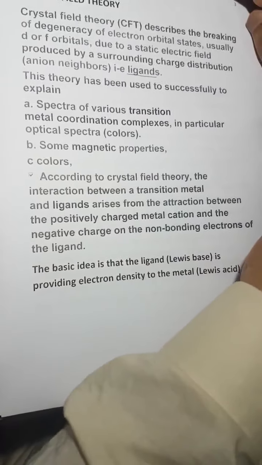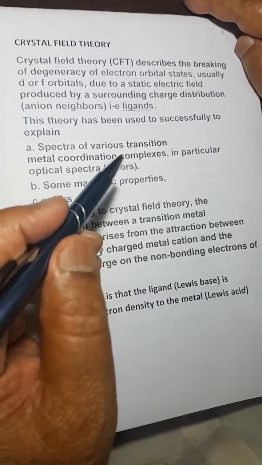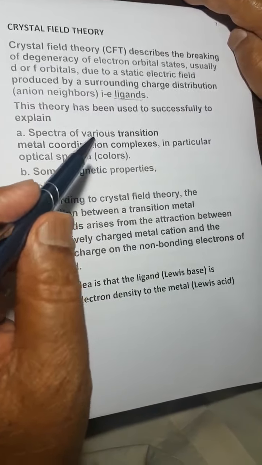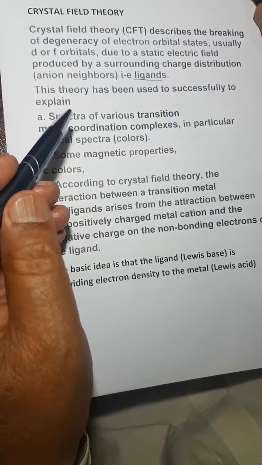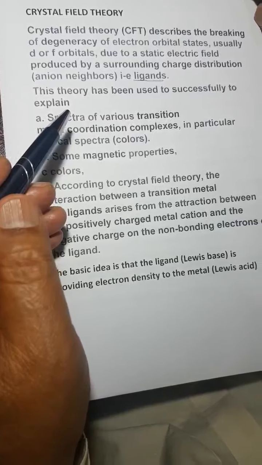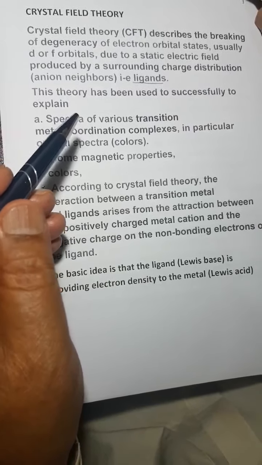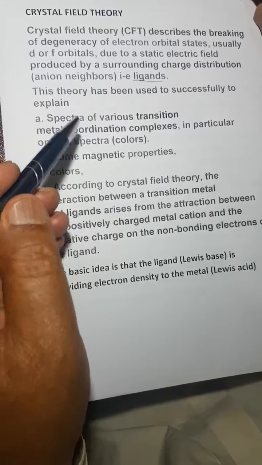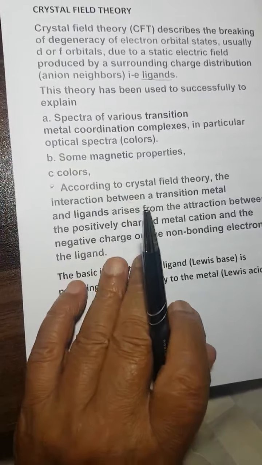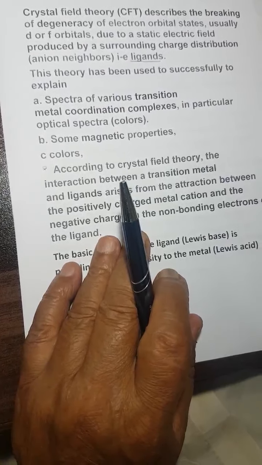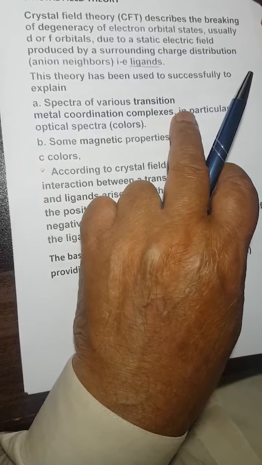Crystal field theory, as I have explained to you, is nothing except that the d orbitals of a given metal, when approached by ligands or anions, lose their degeneracy. This theory has been used very successfully for explaining the spectra of various transition metal complexes.